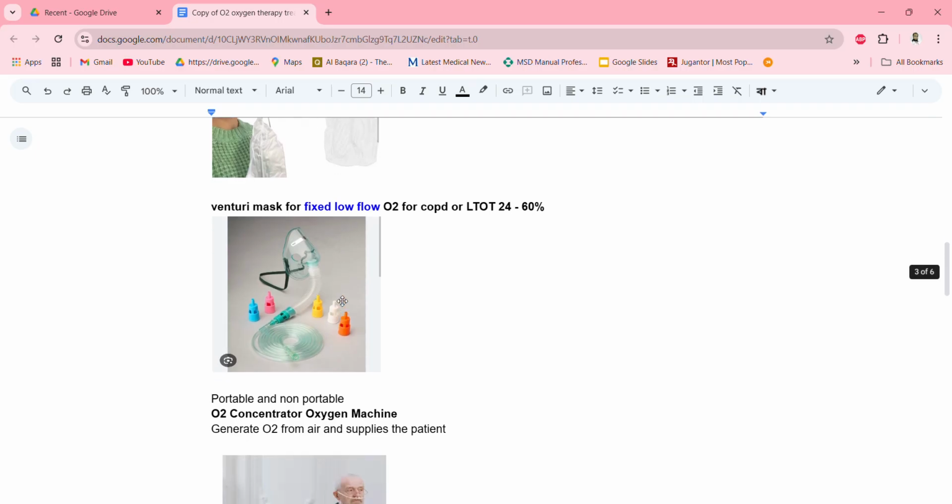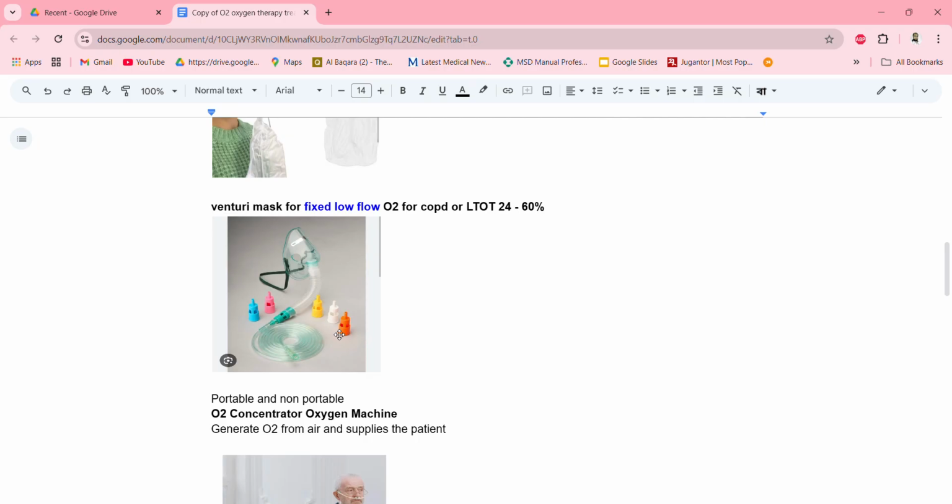You see, this is a Venturi mask. A Venturi device is attached here, and other Venturi devices. It is given for fixed low flow oxygen, such as long-term domiciliary oxygen therapy in a patient with COPD, or a patient with DPLD, or a patient post lobectomy, or a patient with sleep apnea.